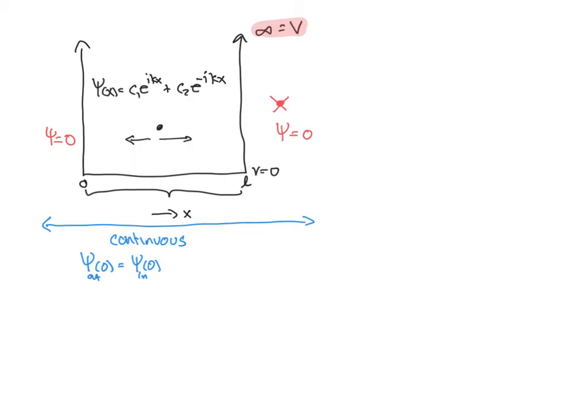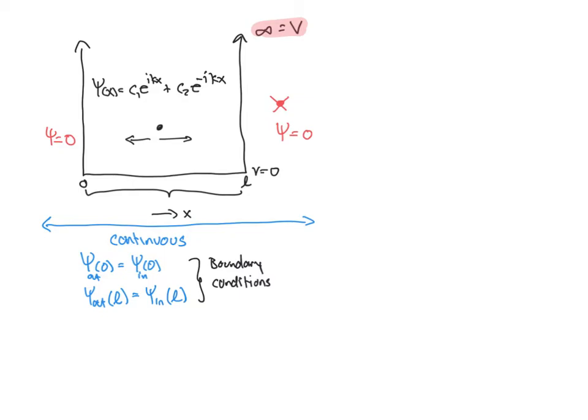And in addition, psi outside the box at L, at my other boundary, has to be equal to psi inside the box at L. These are what are called boundary conditions that ensure that my wave function is going to be continuous. And I need to apply these. I need to make sure that these work.